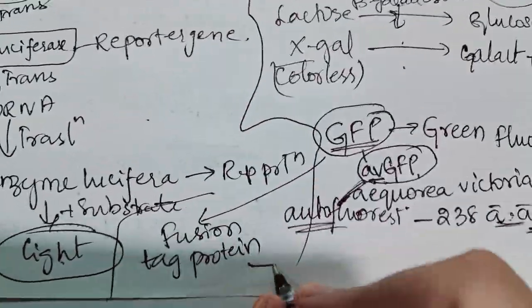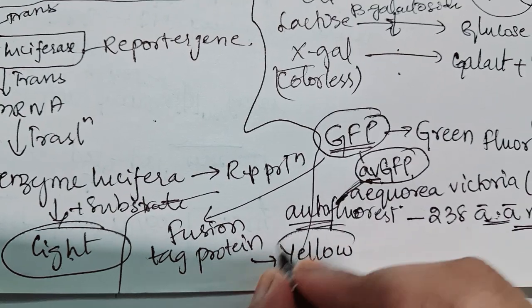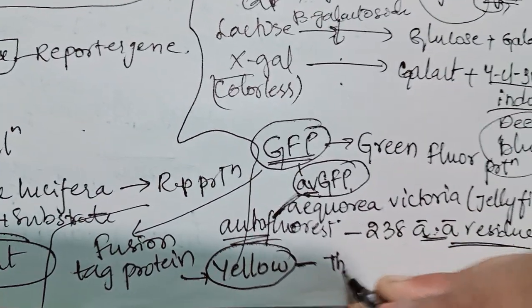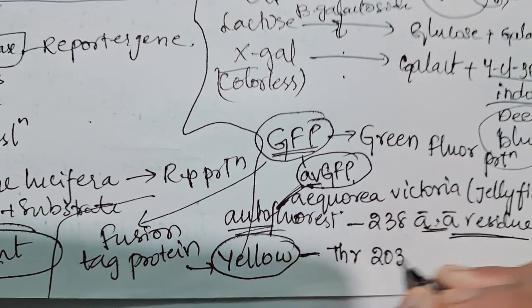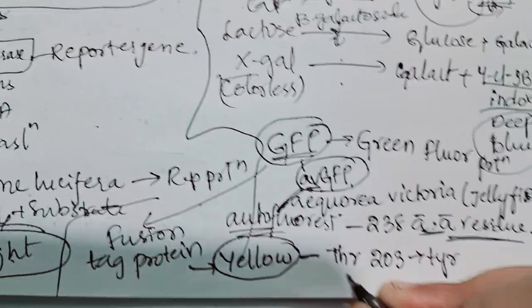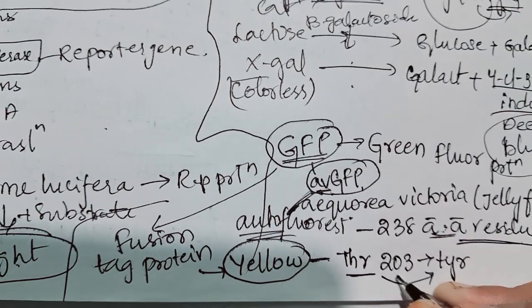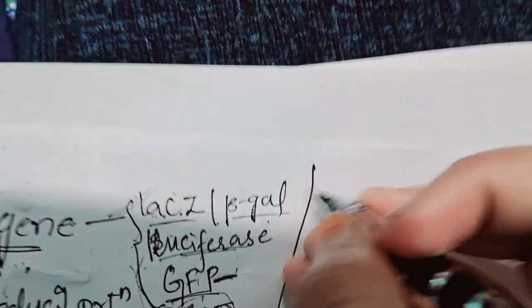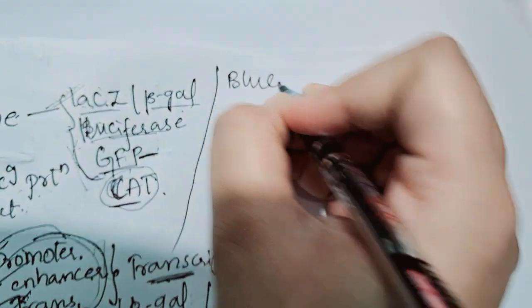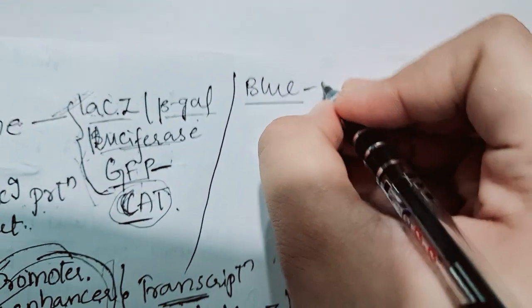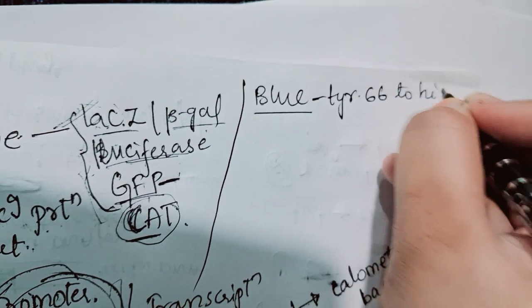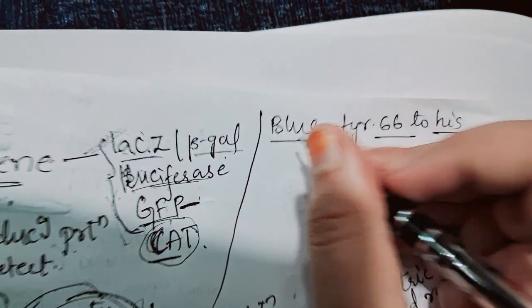The variants of it: yellow, based on the mutation of threonine at position 203 to tyrosine. If threonine is changed to tyrosine at 203, then the color will be yellow. The other one is blue fluorescent protein, which is a modification of tyrosine 66 to histidine, and it will give a blue color.